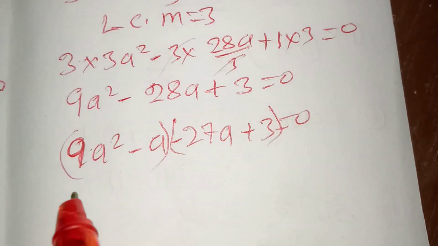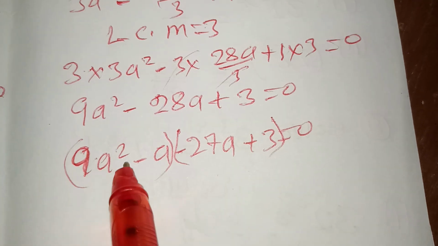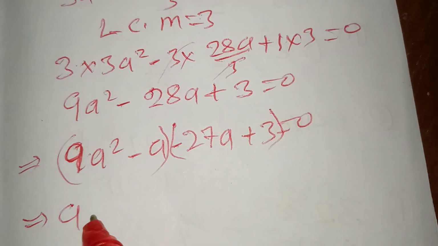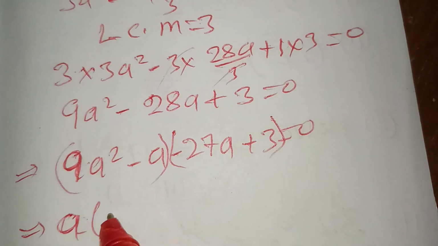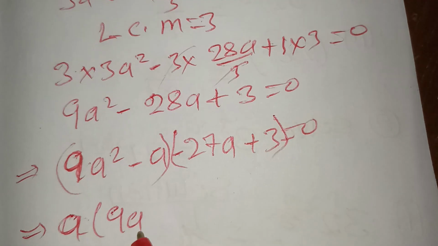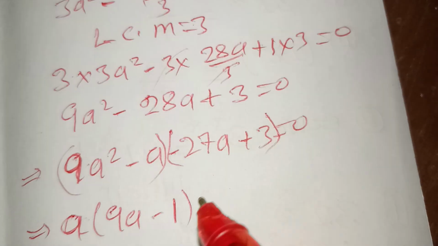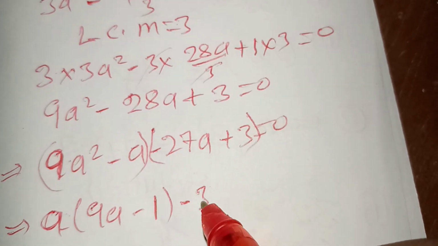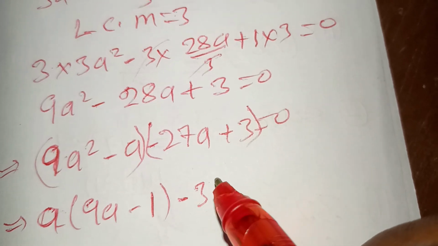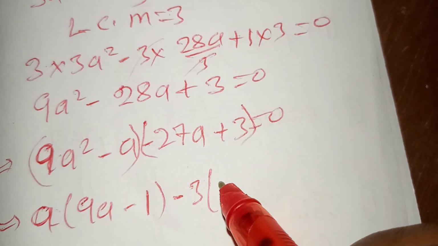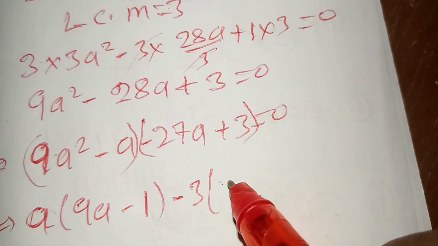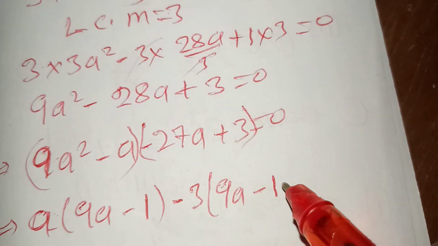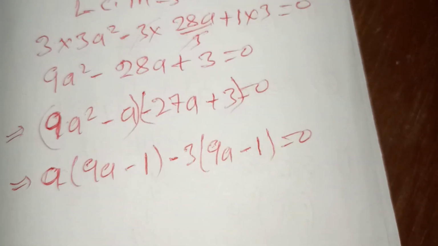So by grouping, we have this. Here we can factor a out because a is common here. So we have a outside the parentheses. We have 9a minus 1. Then here too we factor out 3. Factoring minus 3 out, we're going to get what is inside the parentheses as 9a minus 1 equal to 0.